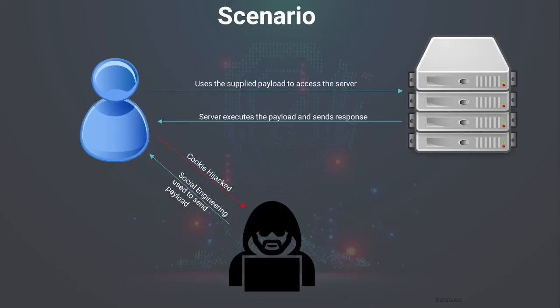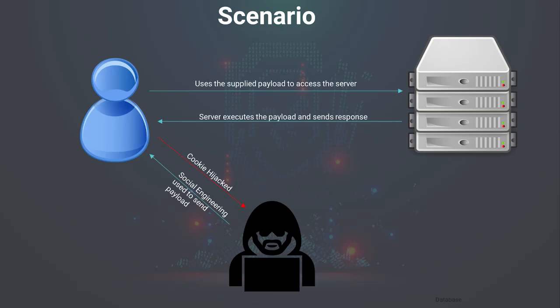Now, just to be sure, let's reiterate the scenario again. We have a user who is trying to access a website, and we also have an attacker in the picture. Initially, the attacker is trying to send a payload using social engineering methodology, maybe via Twitter or any other messenger.